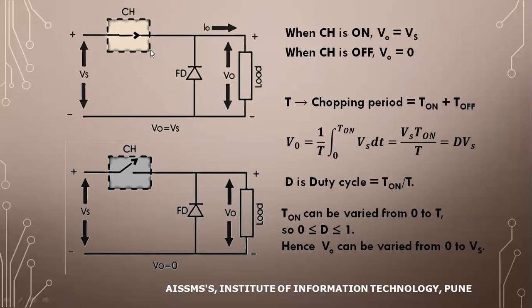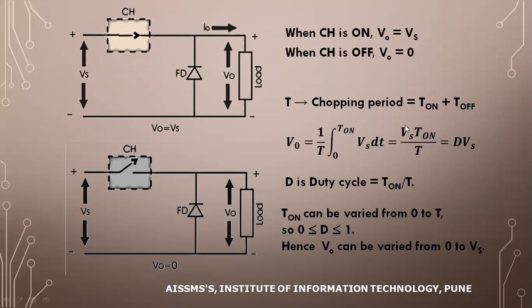So from the output voltage waveform, we can write the equation for output voltage V0 as 1 upon T integration from 0 to T on Vs dt. So when we integrate this equation, we'll get the output voltage V0 as Vs into T on upon T.